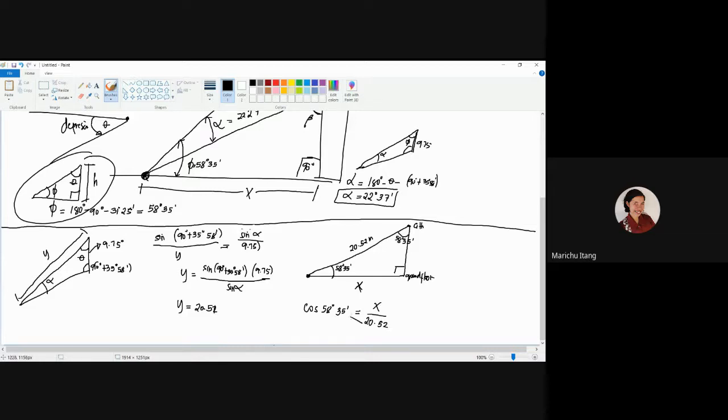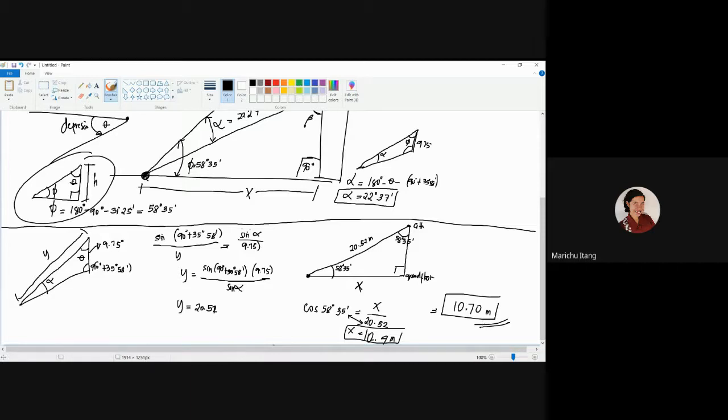Then you multiply, and the value of x is cosine 58 degrees 35 minutes times 20.52. So that is 10.6 or 10.7. So this is 10.7 meters, the distance between the object and the building.